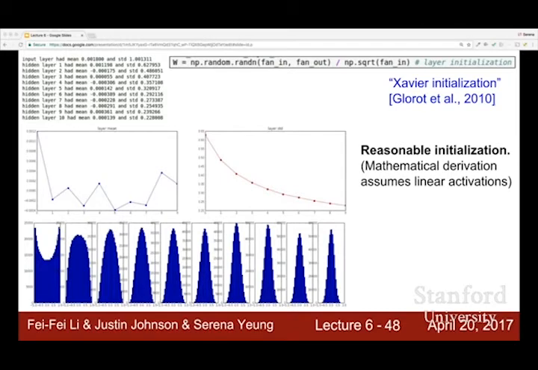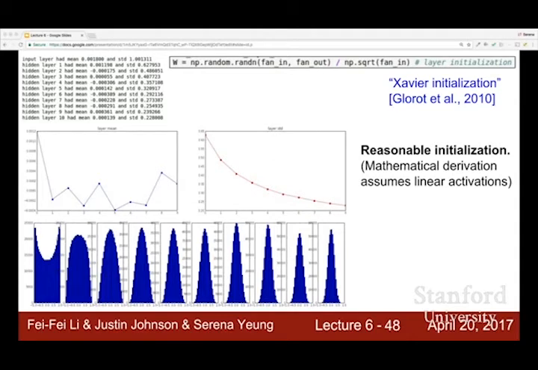So you can look at the notes for more details about this. And so basically now if we want to have a unit Gaussian as input to each layer, we can use this kind of initialization to, at training time, initialize this so that there is approximately a unit Gaussian at each layer.